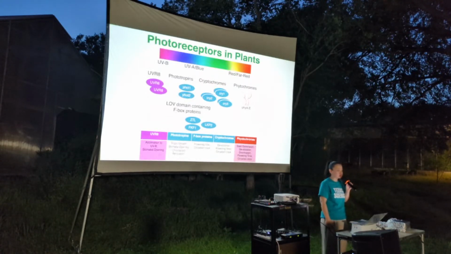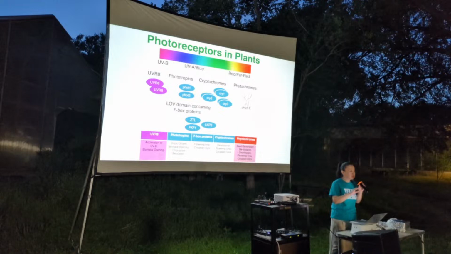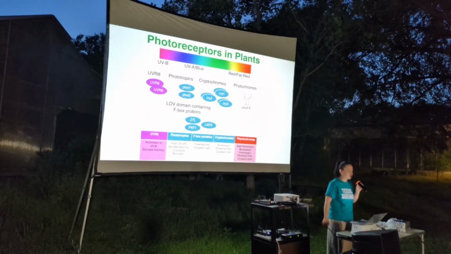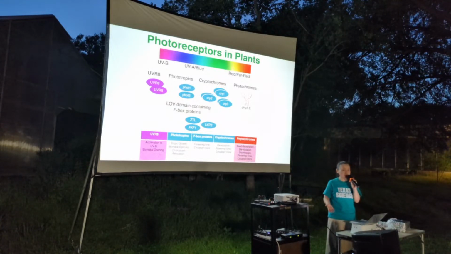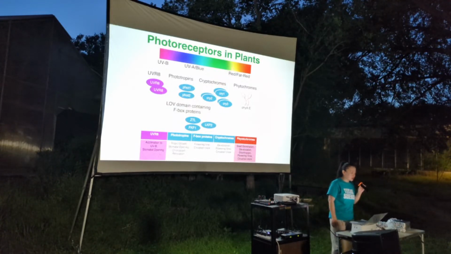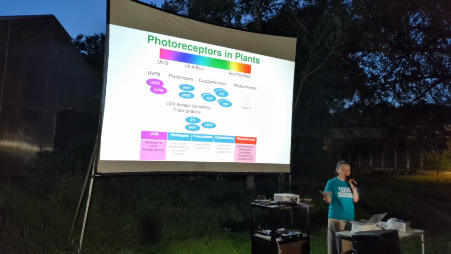Actually, in plants, there are specific proteins called photoreceptors. Those proteins can perceive sunlight and transmit these signals to the plant, telling it, I perceive this sunlight, you need to give a response. Those photoreceptors can perceive UVB light, UVA, blue light, red, and far red light.